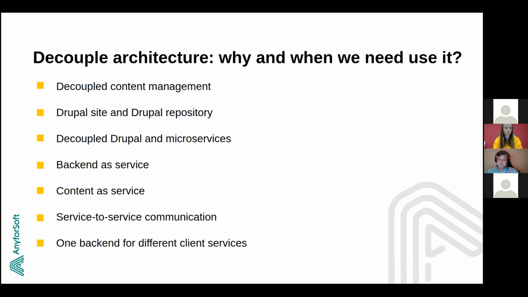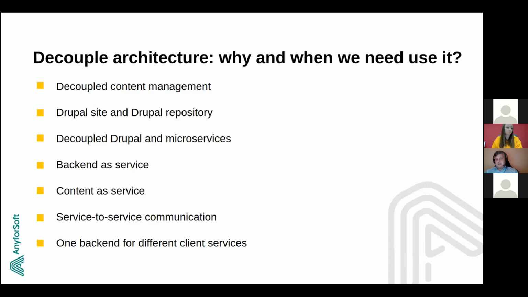And also, for decoupled architecture, we can talk about backend as a service and content as a service. So Drupal in a decoupled project provides content as a service for front-end applications.